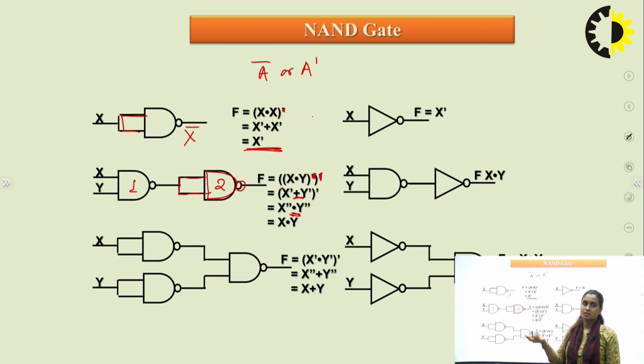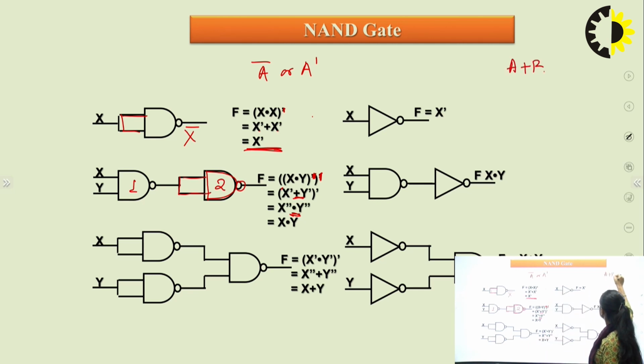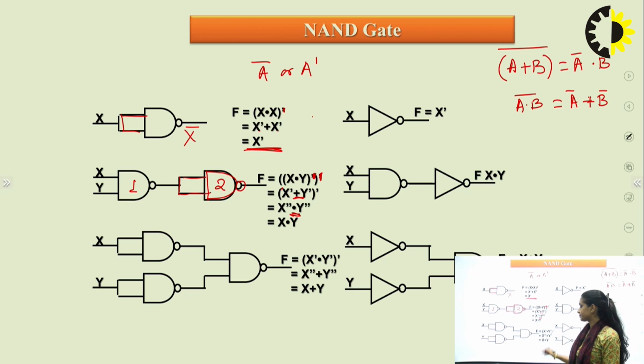It converts plus into multiplication and multiplication into plus. Double bar gives you the same value. So here the output comes out to be x dot y, which is AND.